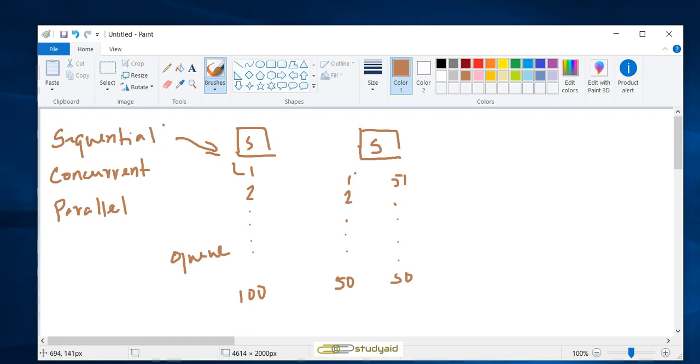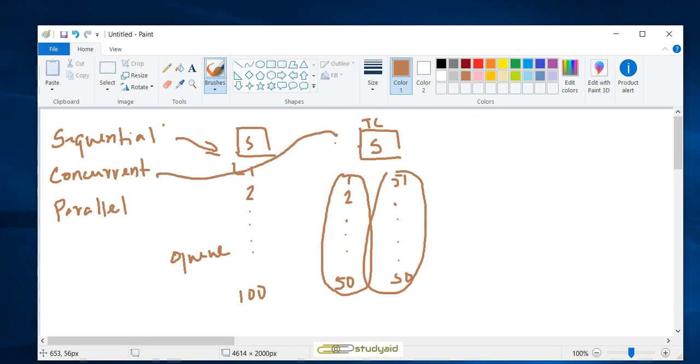So in this case we are using the same resource, the same ticket counter with the same salesperson, but we are going to have fewer people in each of the queues. The queues will work in such a way that the first person from the first queue will be buying and then moving out, and then the first person from the second queue will be buying and moving out, like that. So this is an example of a concurrent situation.